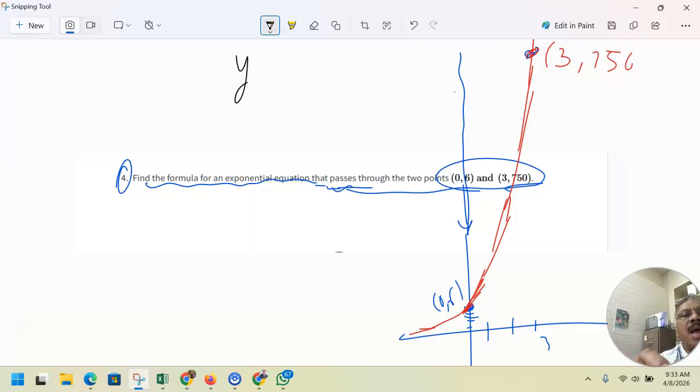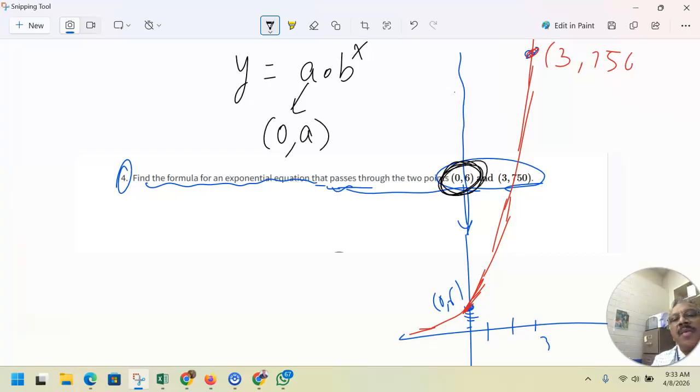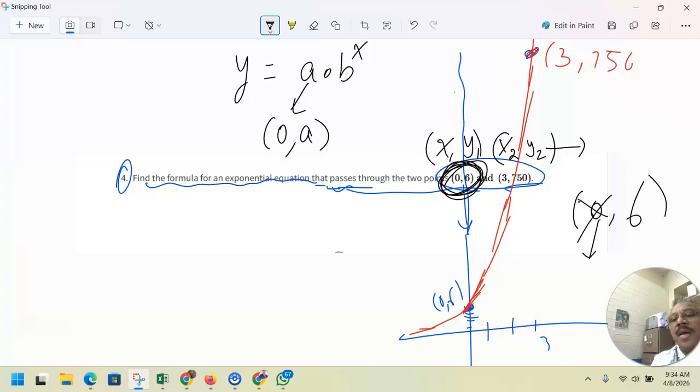The equation is y equals a times b raised to x. Now, what does this a basically mean? When x is 0, it is a. Now, the good news is that in this problem we already have this point, even though we can write x1, y1 and x2, y2 and plug in each. If 0 was different and this was another number, then we would do a different method.